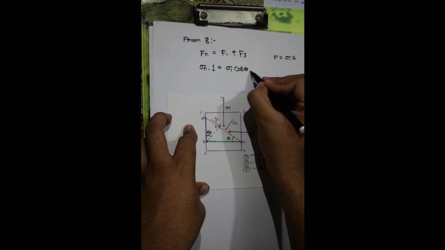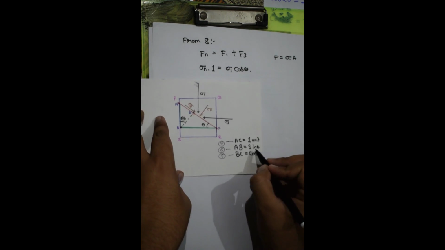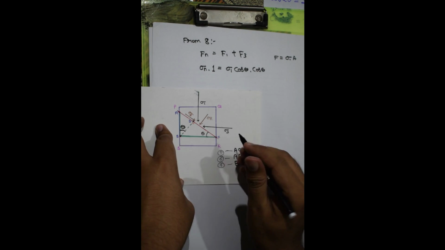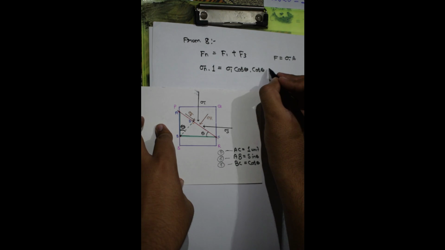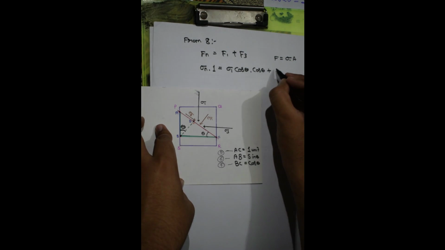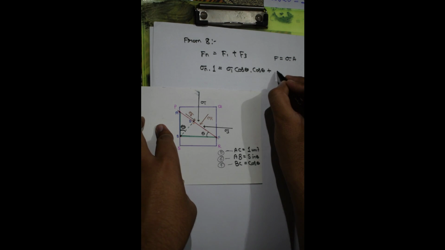Okay, so the area of BC was cos theta, so I am again writing cos theta. This is the stress component along F1. Similarly, I can write this for F3 using sigma 3 sine theta that I got from equation number 1.